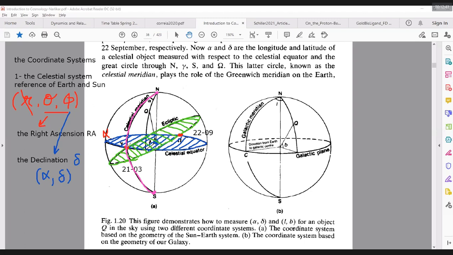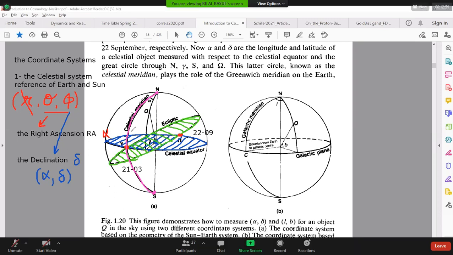This arc is known as the celestial meridian.